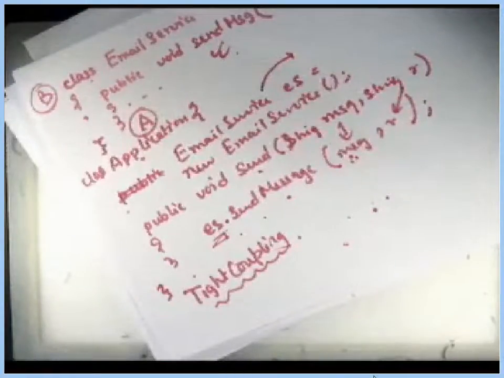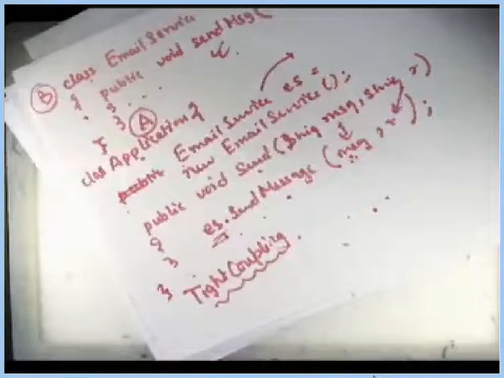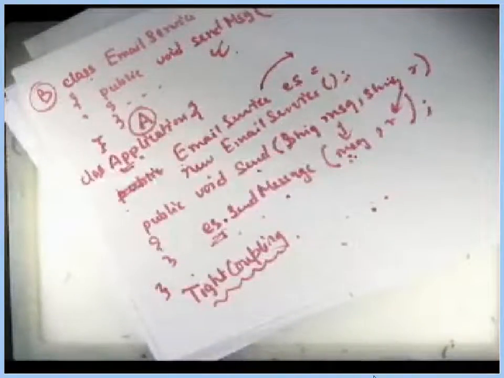In that case, I will not be able to strictly depend on the email service. If something new comes in, I would have to adapt again. So I have to make my current application so flexible that it can adjust to different objects and variables in its class, and give the same service without making changes.